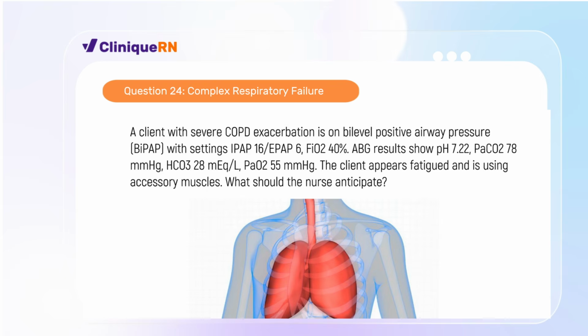ABG results show pH 7.22, partial pressure of carbon dioxide in arterial blood 78 millimeters of mercury, HCO3 28 milliequivalents per liter, PaO2 55 millimeters of mercury. The client appears fatigued and is using accessory muscles. What should the nurse anticipate?